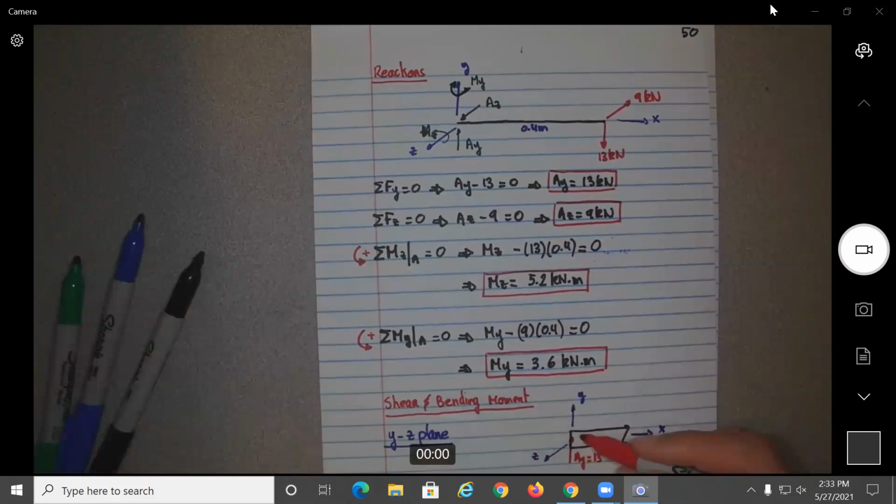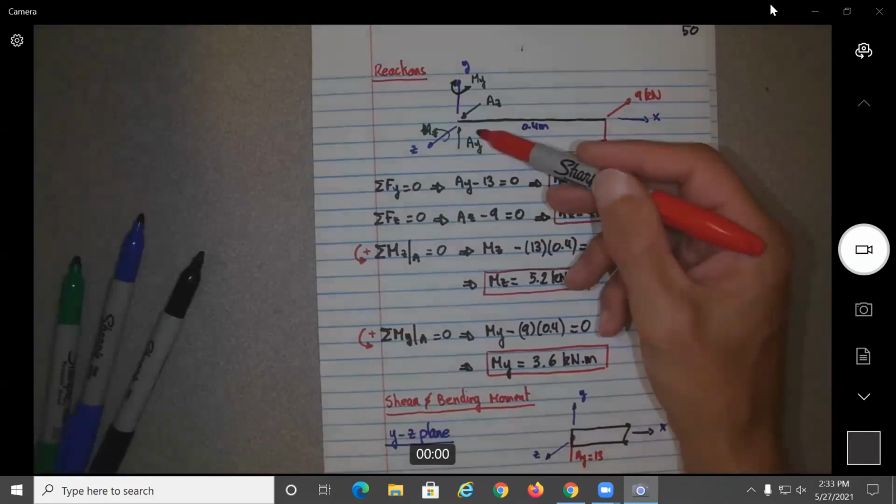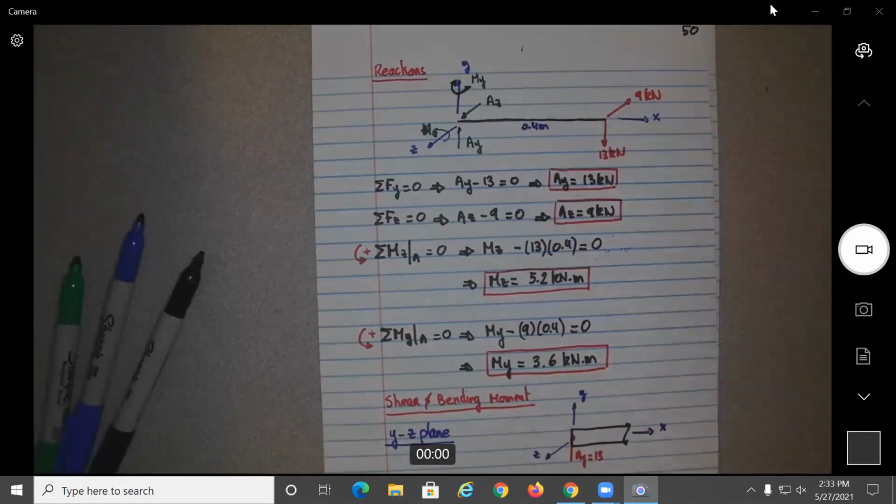So on this plane, this is going to bend about the, so we look at AY is this one, we look about the Z. So we have the moment about the Z. MZ here, but we need to be careful because, okay, it's positive, so 5.2, that's fine.